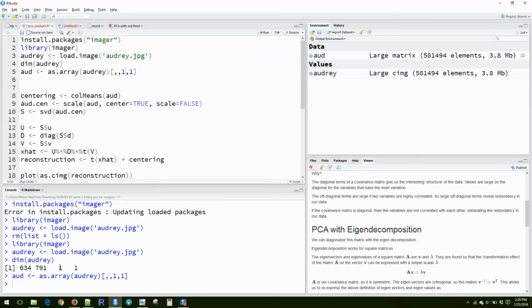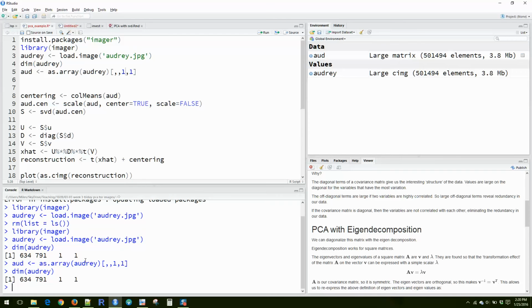But it's a black and white still photo, so this is 1 and 1. I just want to turn this into a matrix, and we can ask what the dimensions of this matrix are.